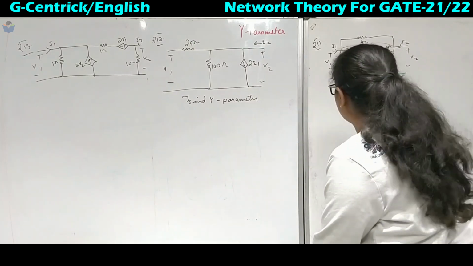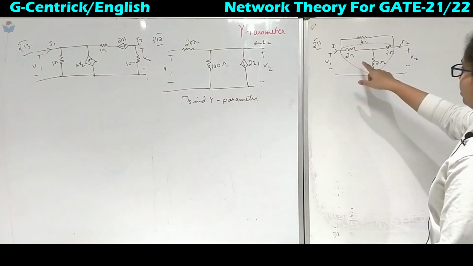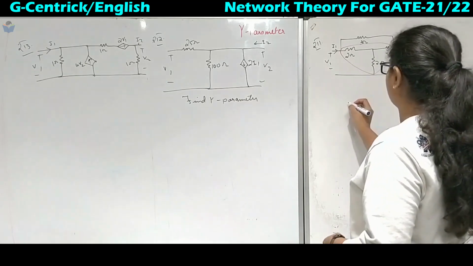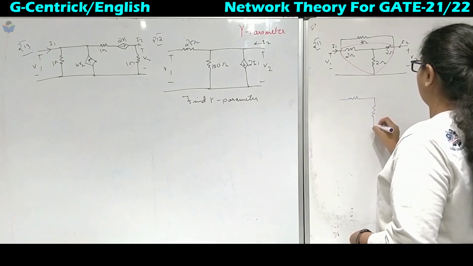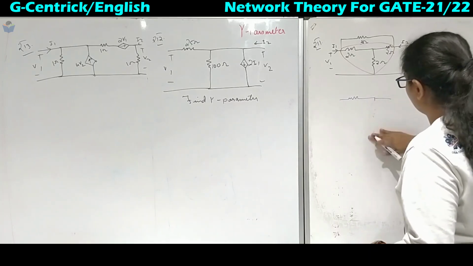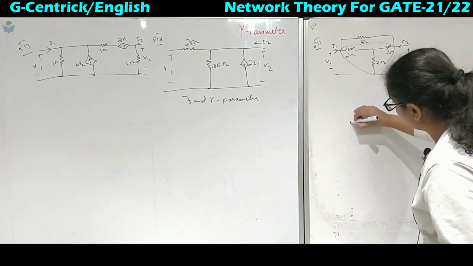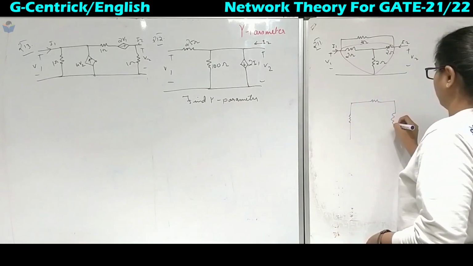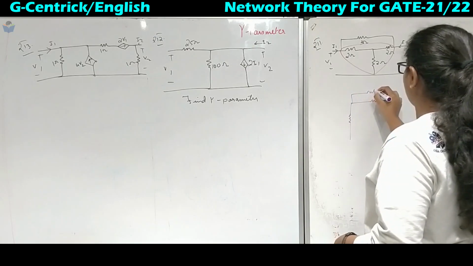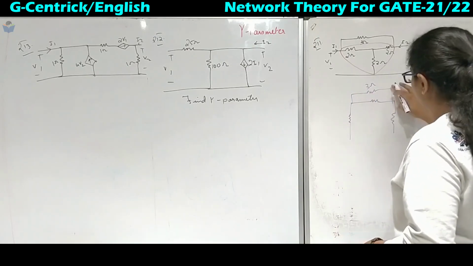So when we convert this one, okay, I'll redraw over here. So this is one thing we will get, here one we will get, and here, with this as a 3 ohm resistor.